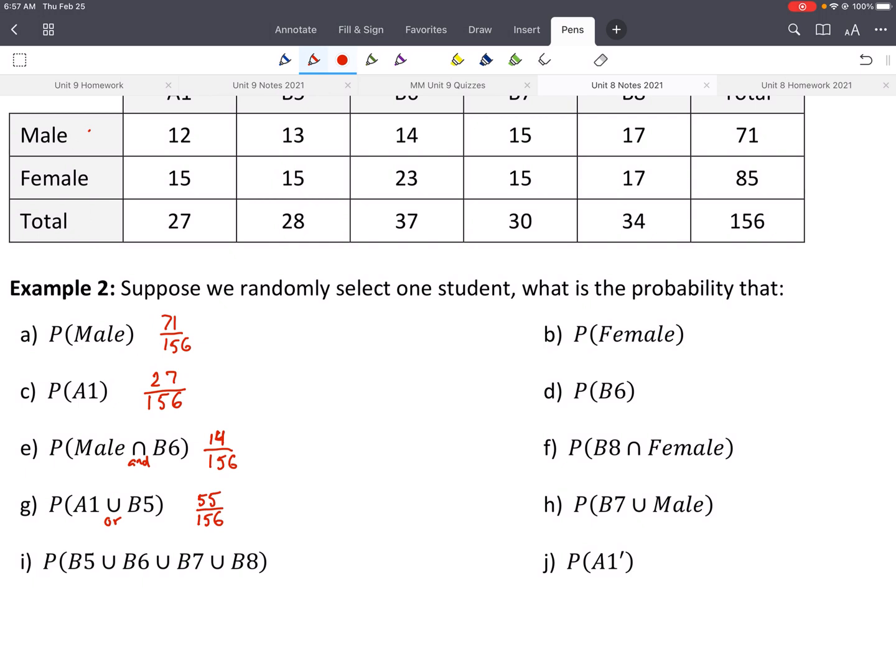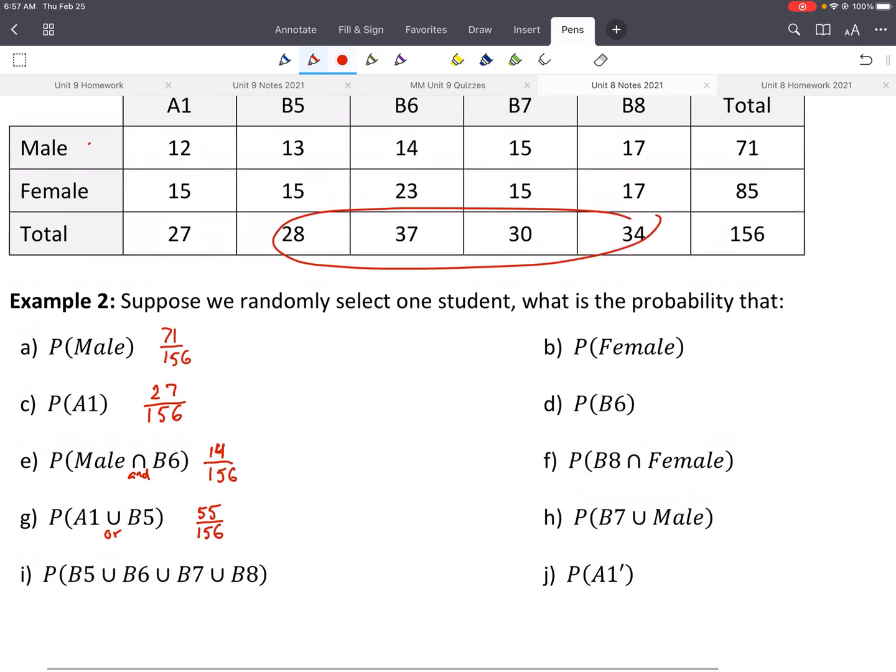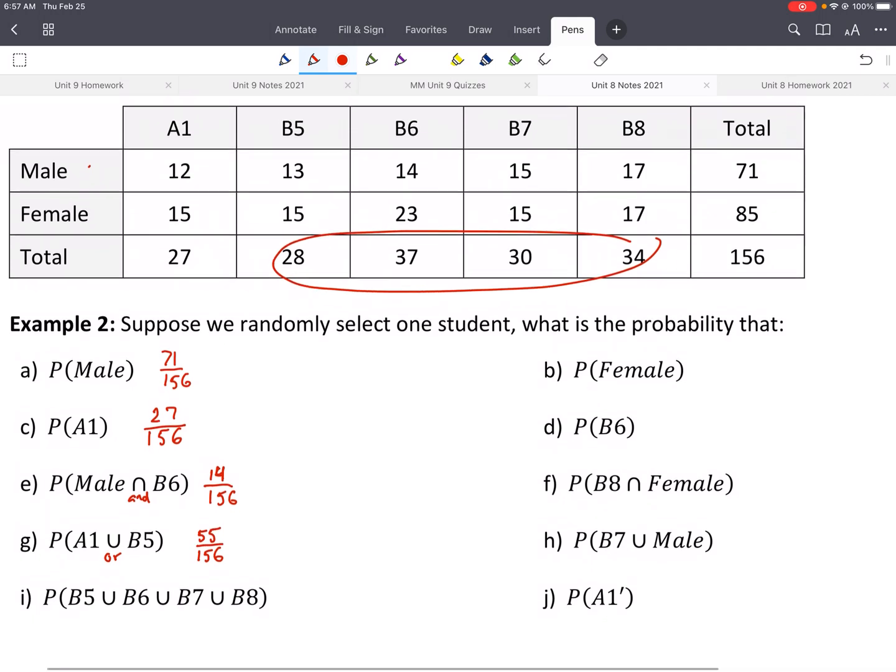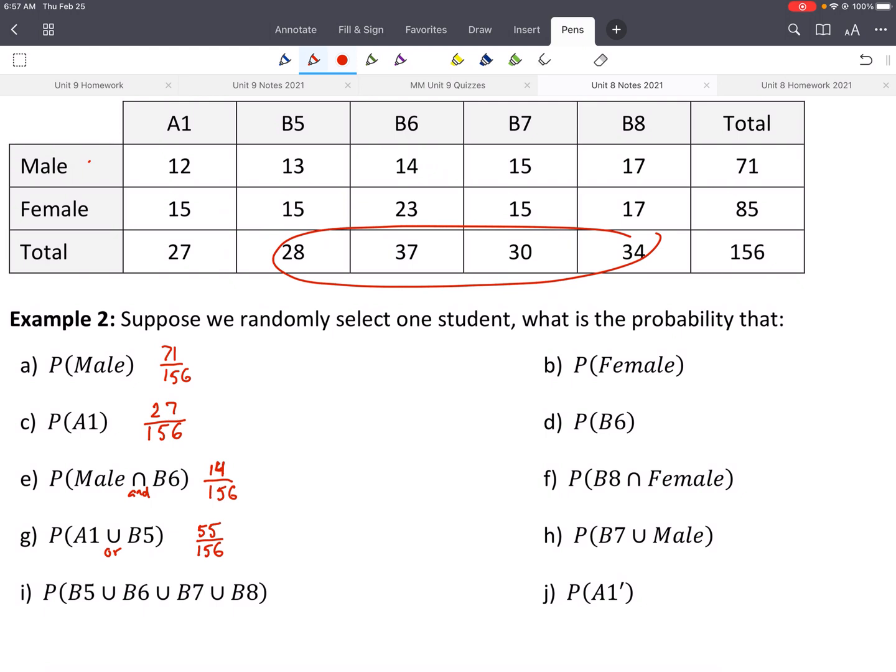Okay. And then what's the probability of randomly selecting someone in B5 or B6 or B7 or B8? So we would take all of these B classes and union them together. We're going to add them all up. Another way to do that is 156 minus 27.